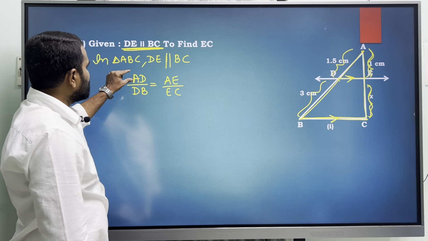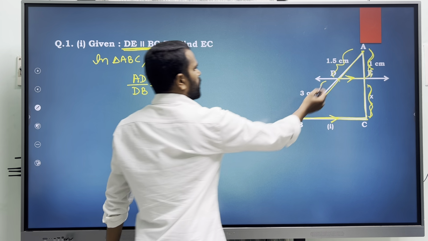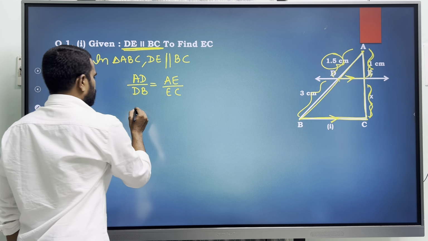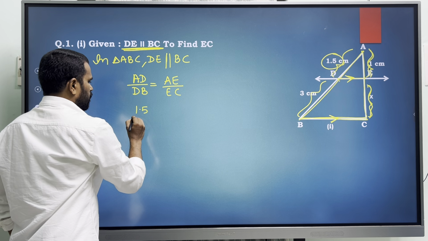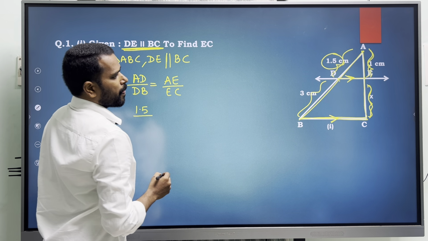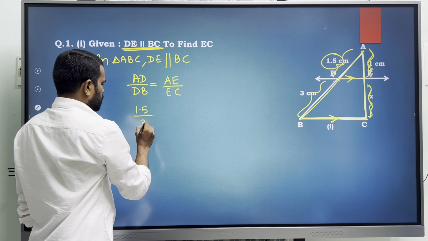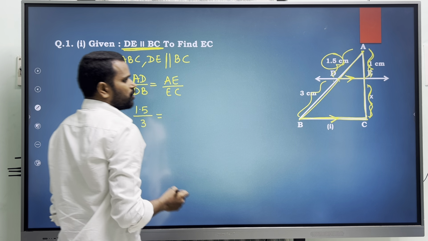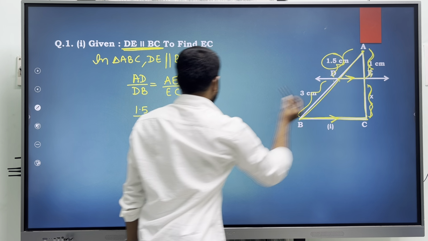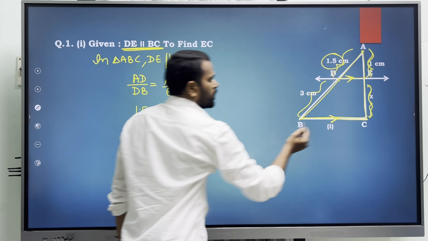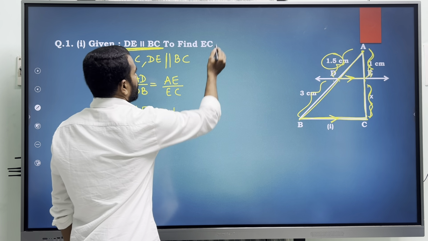Okay. What is AD? Here it is given 1.5. Okay. Then what is DB? It is 3. That is equals to AE, which is 1. EC we have to find, right?